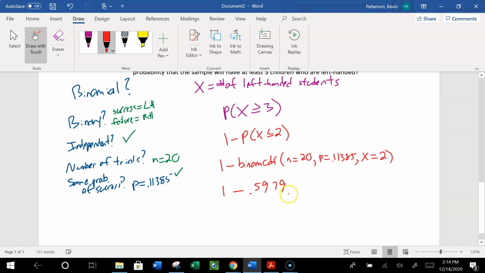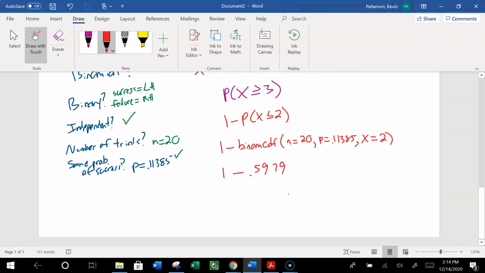And then we just subtract 1 minus that, and we get an answer of 0.4021. And I probably should throw these equal signs out here in front.